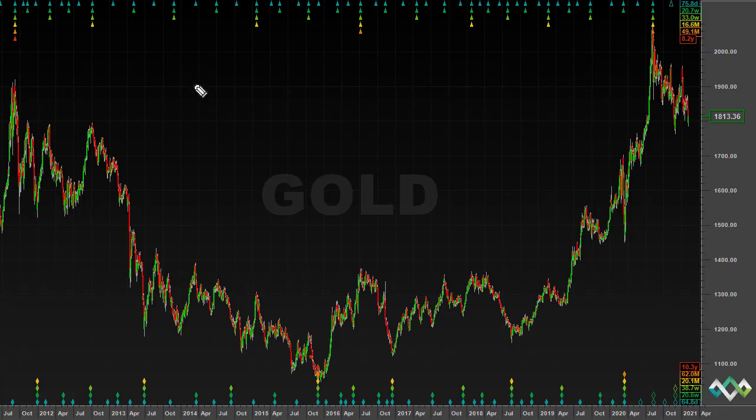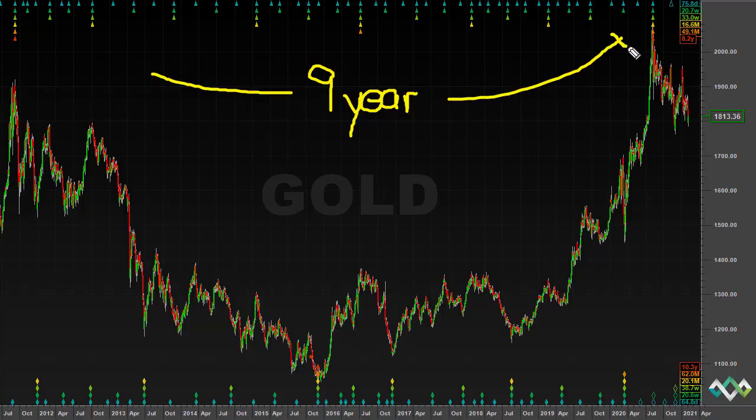That distance is very close to the 9-year cycle length that Hurst discovered 50 years ago in terms of affecting stock markets, which are influenced by cycles that are synchronized at their troughs. Now, it is my belief that gold is influenced by cycles that are synchronized at their peaks. It's a really interesting idea that I would encourage you to explore and look at.